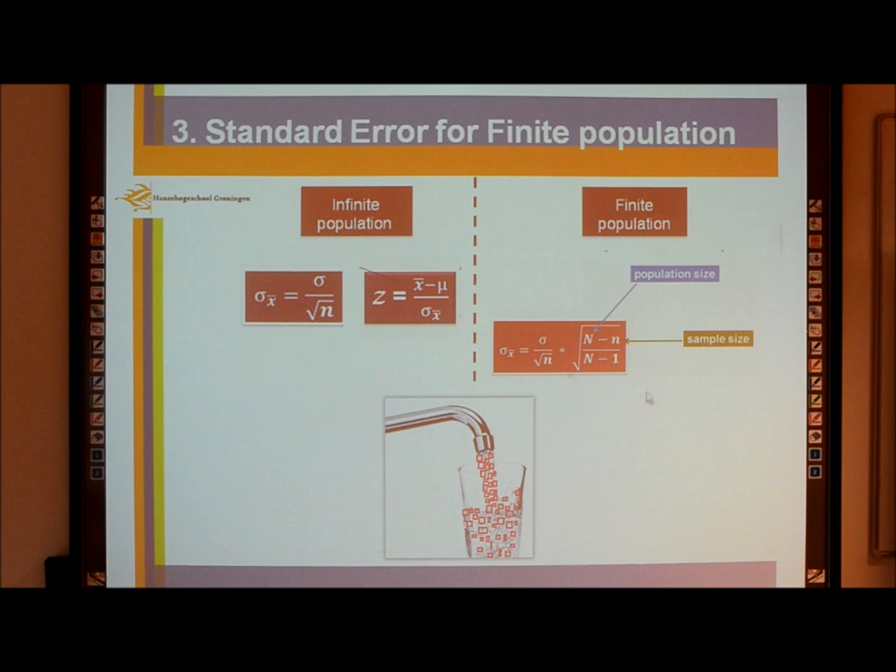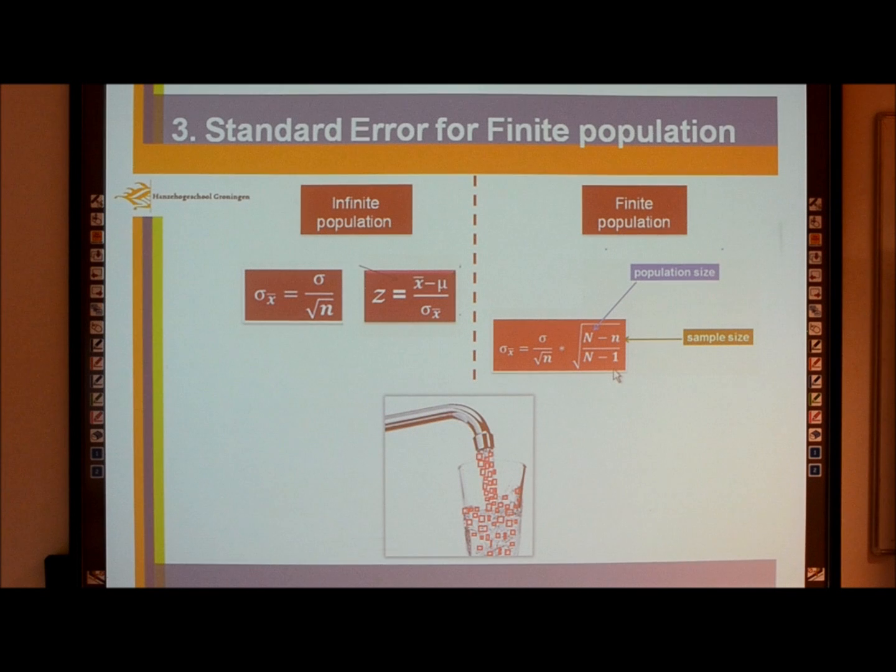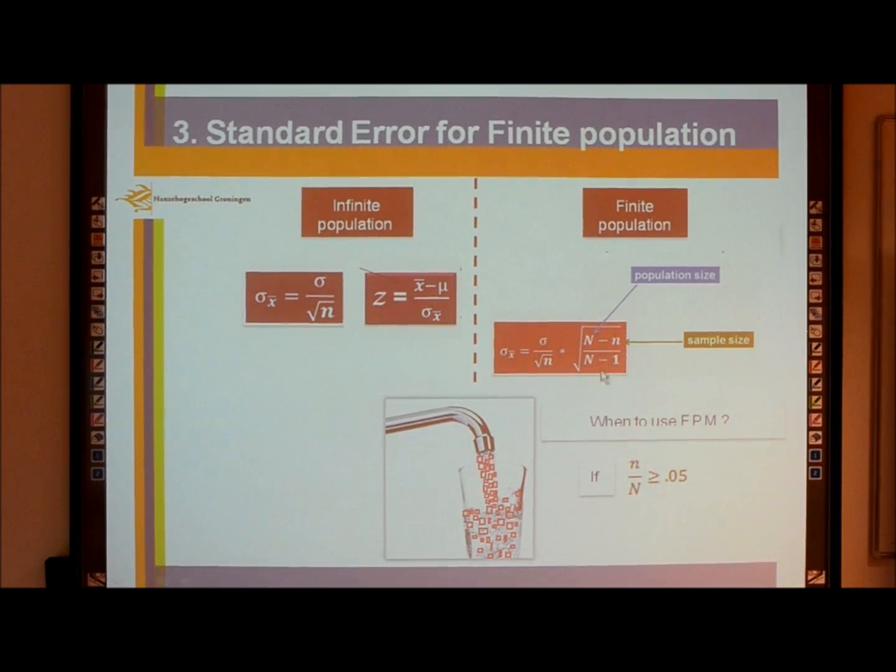We call this the FPM, finite population multiplier. In which condition do you need to use this finite population multiplier? When your sample size divided by the population size is larger than or equal to 0.05, then you need to use this equation. In other cases, you just use the infinite population equations.